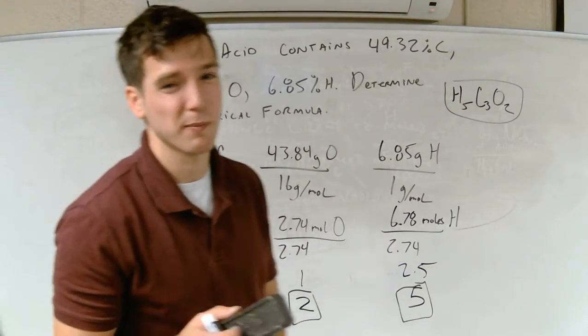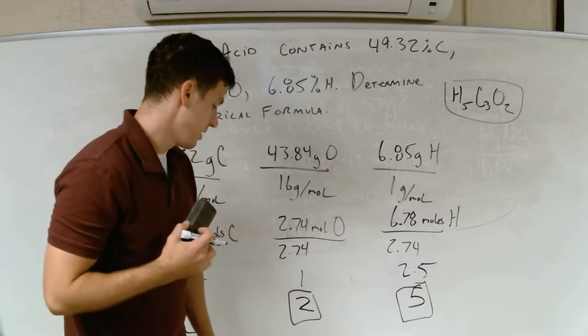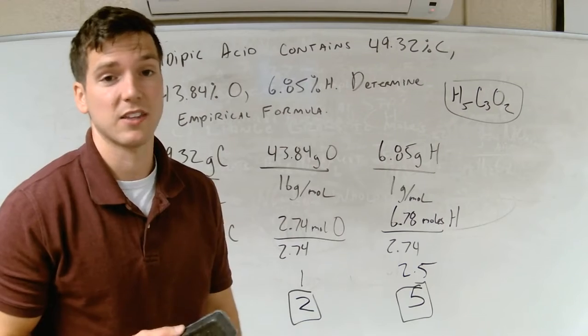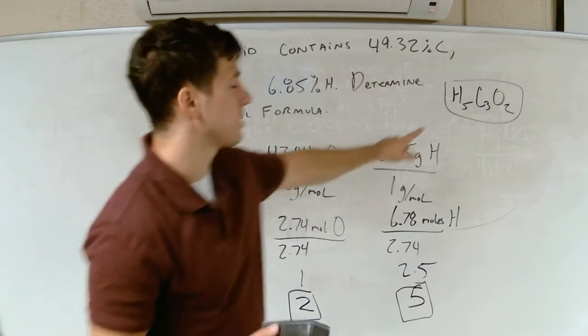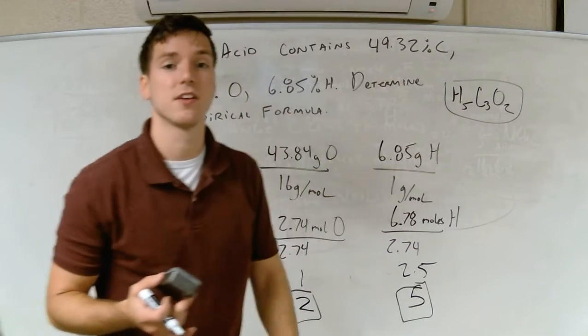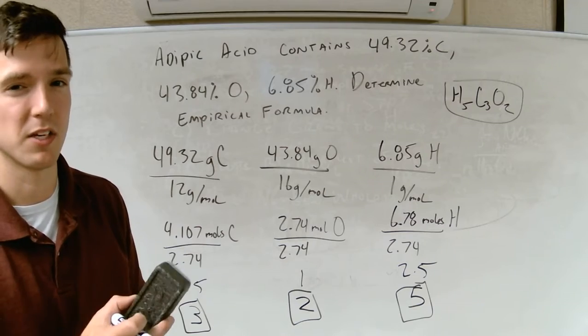Molecular formula. Let's talk about that. How are we going to do something in that nature? What happens is that they'll give you a molecular mass. So you'll use the molar mass from the empirical formula, and you'll use the molecular mass to determine the molecular formula. Now let me explain this.